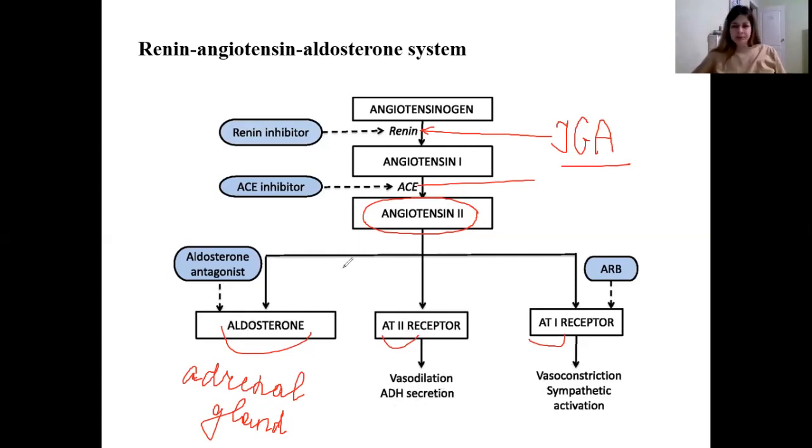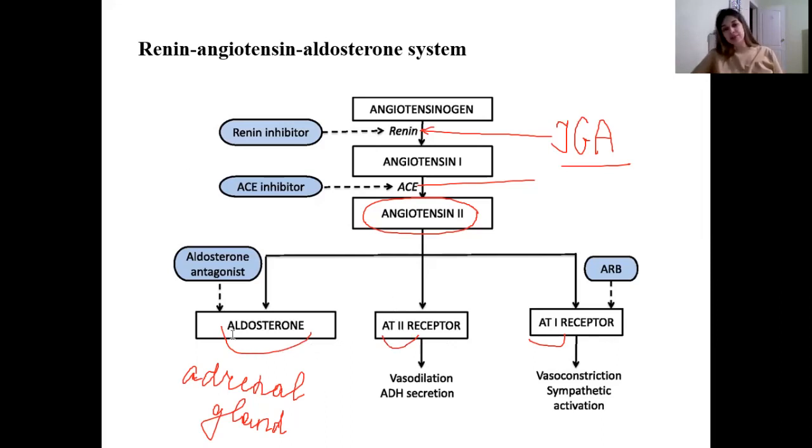And if angiotensin affects the adrenal gland, it increases the release of aldosterone. Aldosterone is responsible for the reabsorption of sodium and water from kidneys. Yes, so they increase the circulating blood volume.